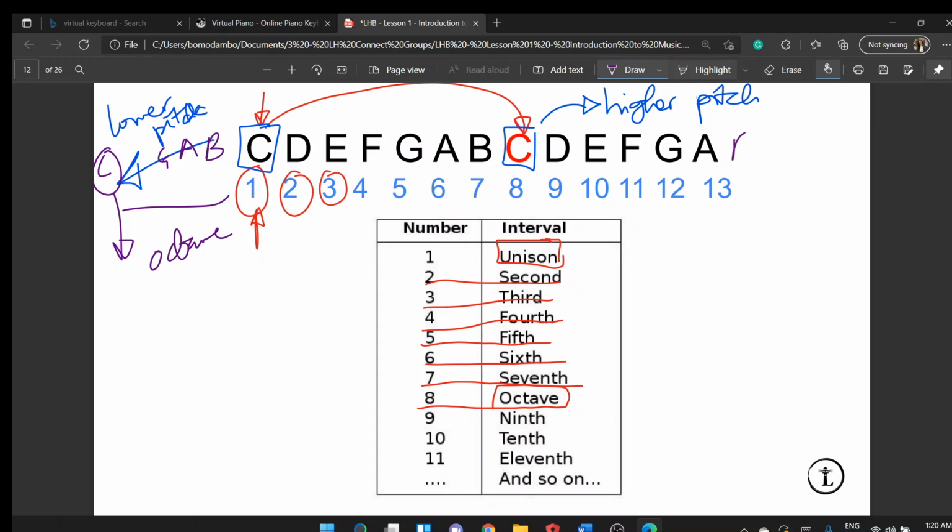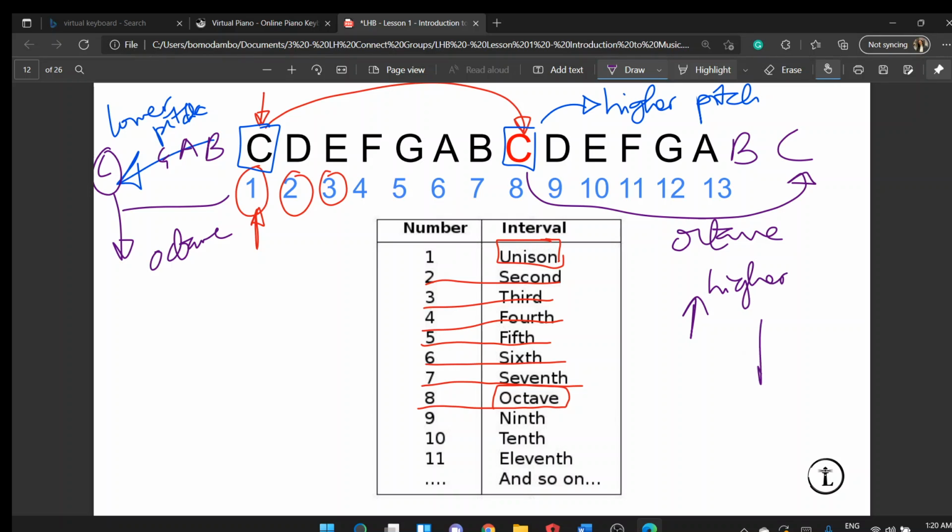So it keeps on increasing. A, B, C. This C and this C would be an octave. So it's special because you're landing on the same note but on a higher or a lower pitch, and that's why they call it the octave. They don't call it the eighth, they call it an octave.